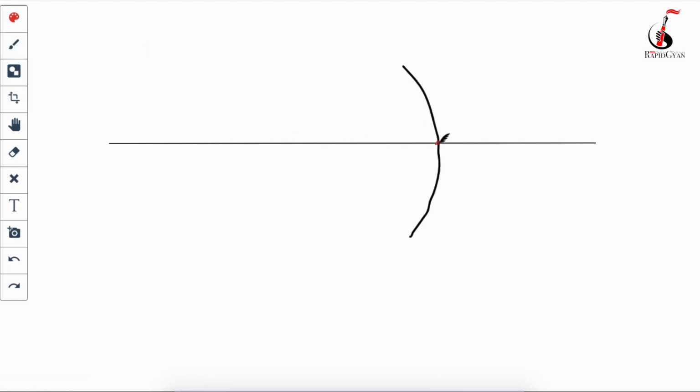Okay guys, so I will say this is your pole P, this is your center of curvature C, this is your F. So first case, when the position of the object is at infinity, it will be somewhere here, correct?